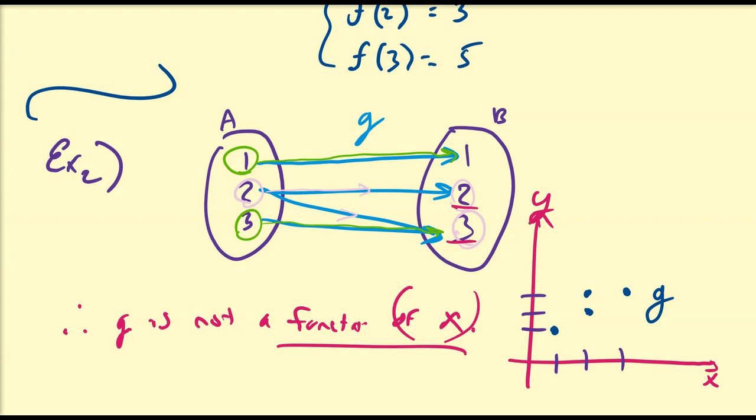Now, can we quickly generalize this concept in terms of the graphical representation? Notice that 2 corresponds to 2 and 2 corresponds to 3. So if we look at x equal to 2 on the graph, there are 2 points that lie on a vertical line that passes through 2.